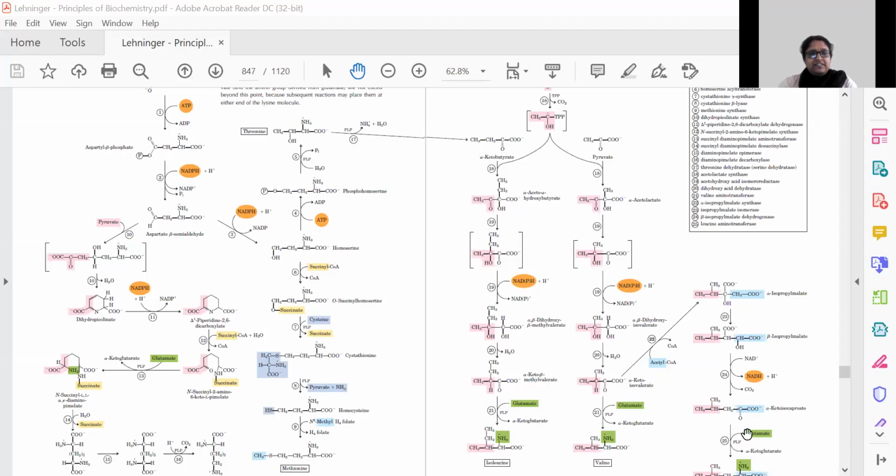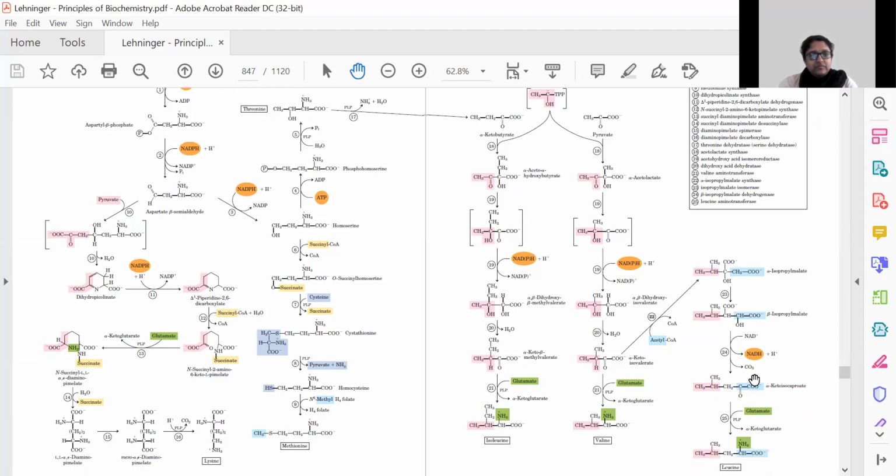So in this session, we will be looking at the biosynthesis of 6 amino acids. So we have lysine, methionine, and threonine, and isoleucine, valine, and leucine. So the sum total biosynthesis we will be looking into in detail.